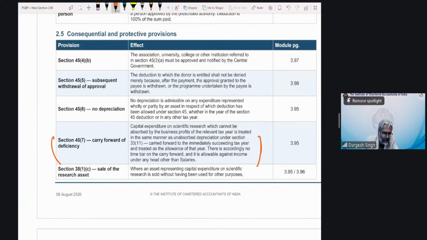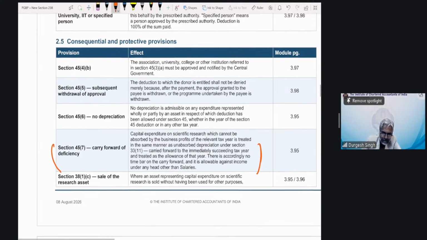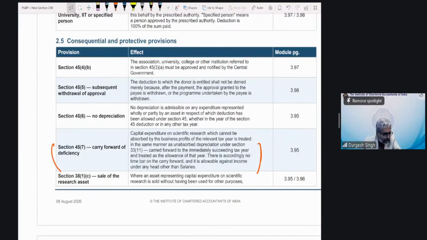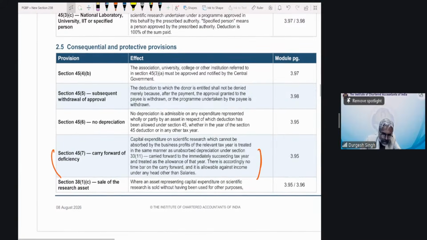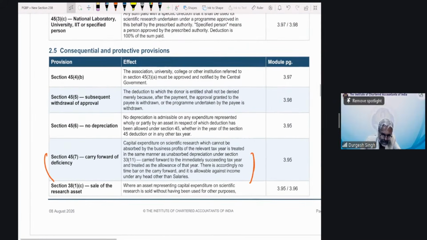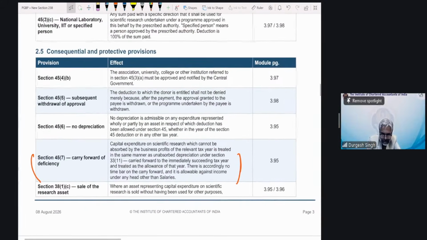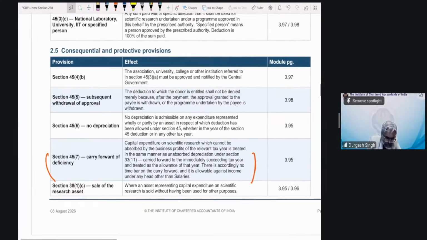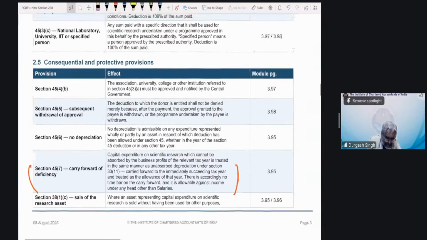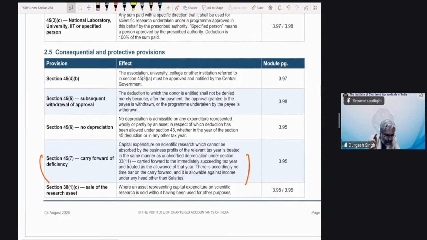Now just read this 45/7, this particular part, all of you. Quickly. So what it says, students, is that capital expenditure on scientific research, which cannot be absorbed by business profit of the relevant tax year, is treated in the same manner as unabsorbed depreciation under section 33(11), carried forward to the immediately succeeding tax year and treated as the allowance of that year.